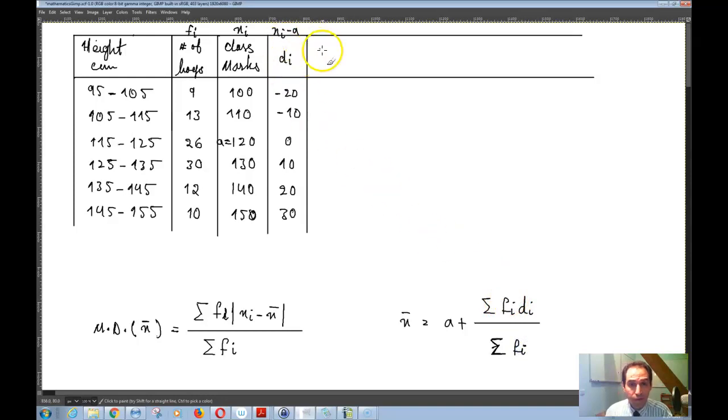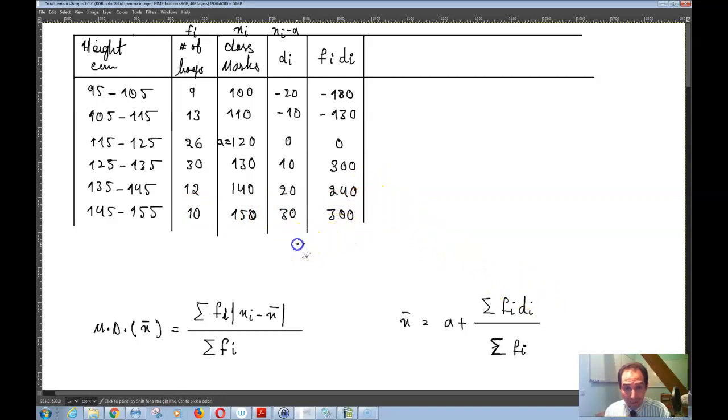So f of i times d of i, this is d of i, this is f of i. So that's negative 180. That's negative 130. That is 0. That's 300. That's 240. And that's 300.